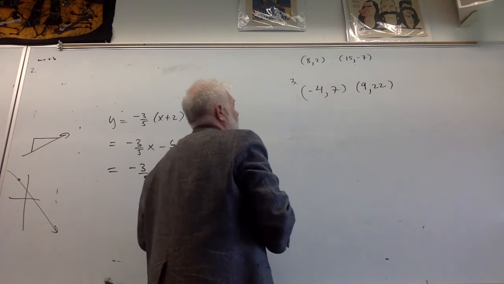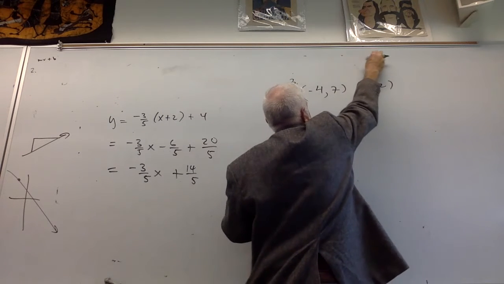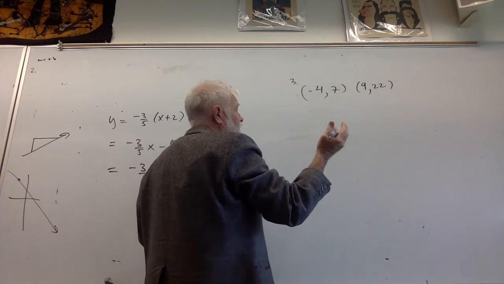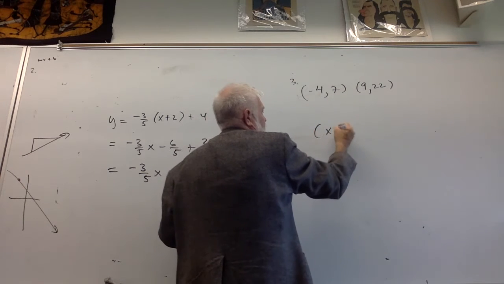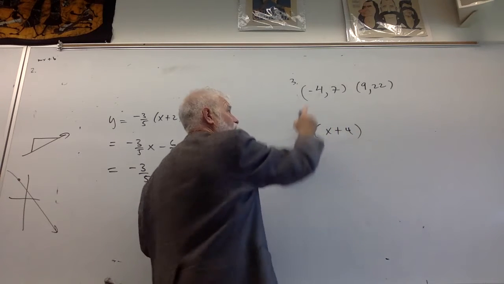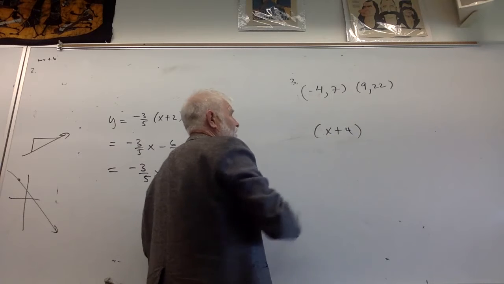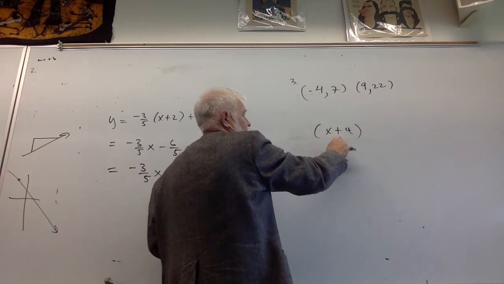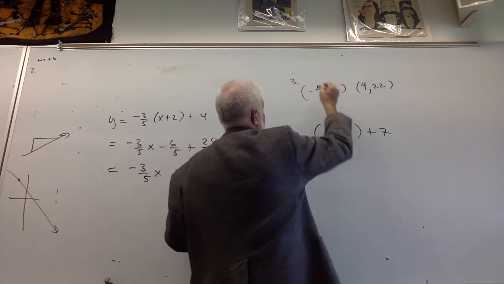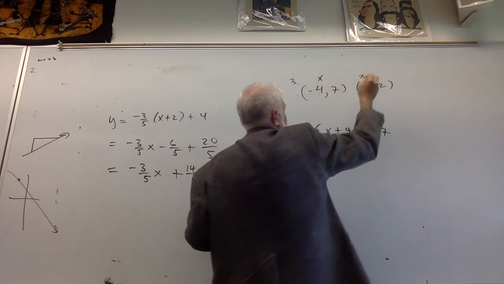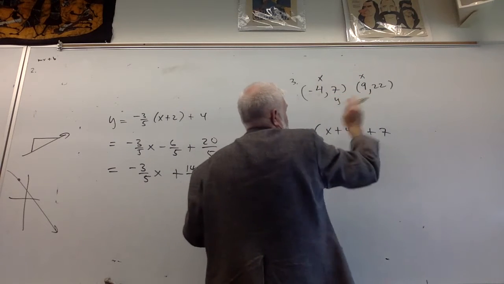Okay, all right, so this is gone now. And we don't need to put it in tabular form. If we want a -4 to get a 7, then x plus 4 is what you're going to say to get rid of that number. We add, get rid of subtraction of 4, do addition of 4, bring in the 7. Okay, now you got to remember there's your first x, there's your second x. So change in x, change in y.